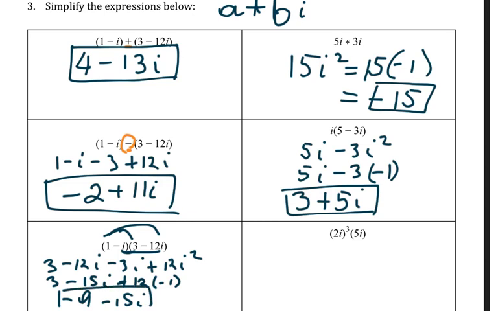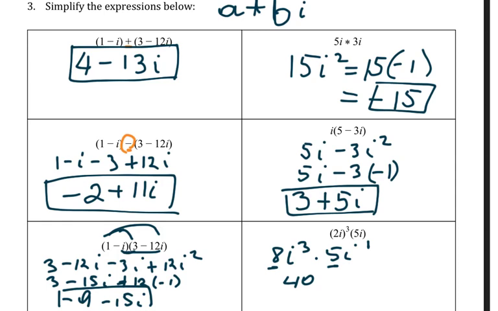Alright, the next problem. First, I have 2i to the power of 3, and both 2 and i are in parentheses, so I need to raise both of them to the power of 3. So 2 to the power of 3 is 8, and i to the power of 3 times 5i. Then I'm going to add exponents. i has an exponent of 1, so I'm going to multiply coefficients 8 and 5, which gives me 40.